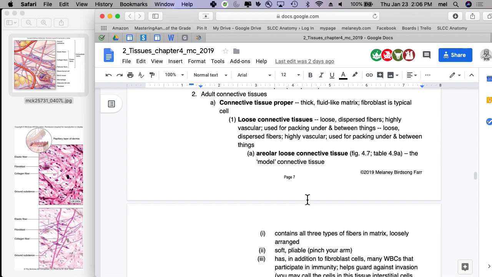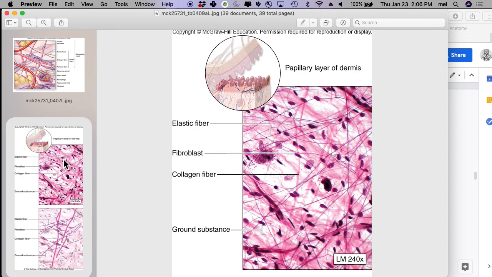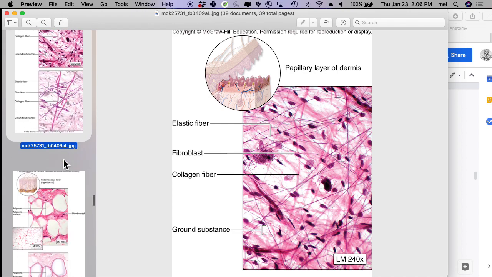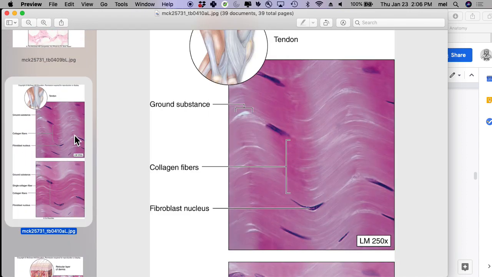We're going to do the hard one first because you guys need a little help with this one. Connective tissue proper has a further subdivision, and the further subdivision is loose versus dense. To understand what I mean by loose versus dense, I want you to look at this one versus this one versus this one, and tell me, what is this one, dense or loose?